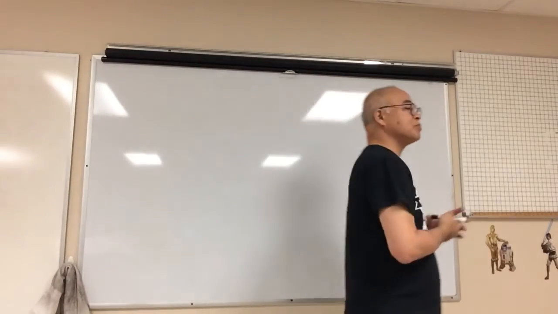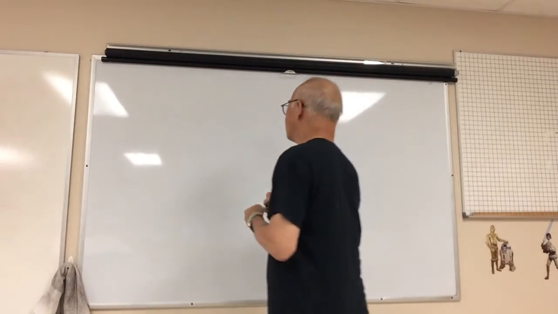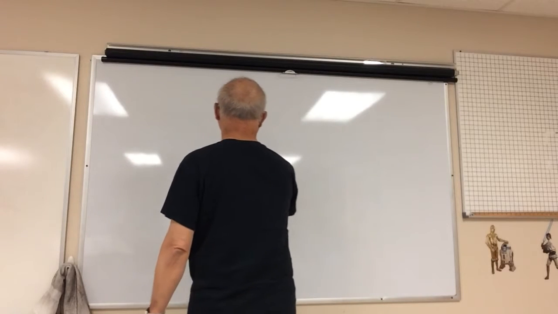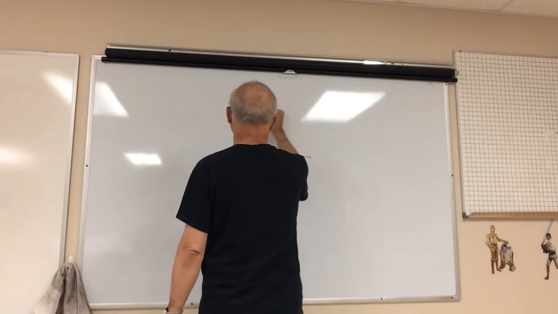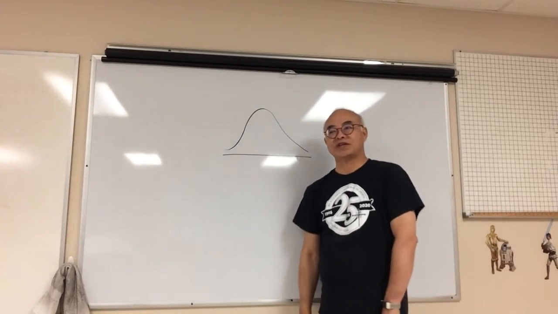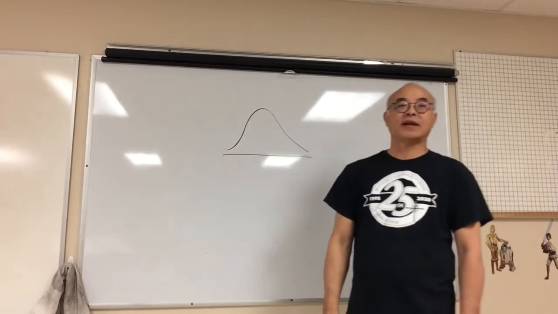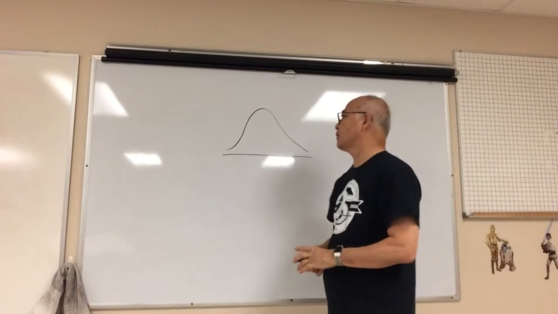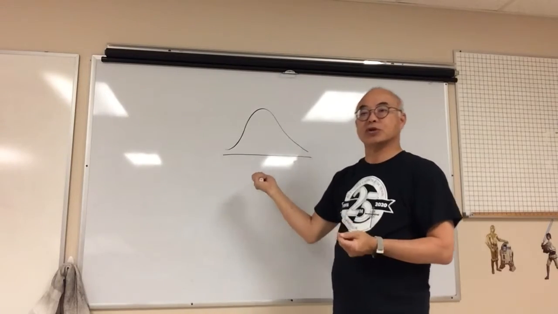The normal distribution is the gold standard of statistics. All statisticians wish and hope that they can classify or call whatever it is, the population distribution, a normal distribution.